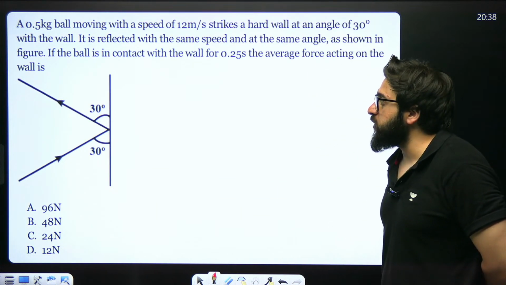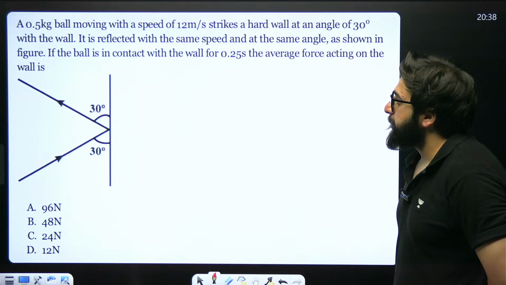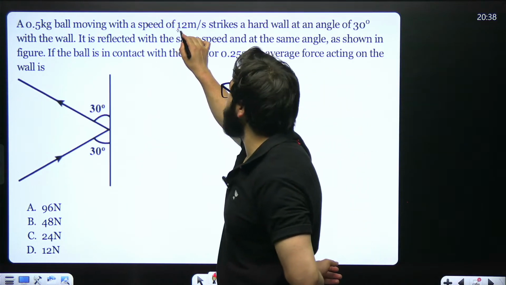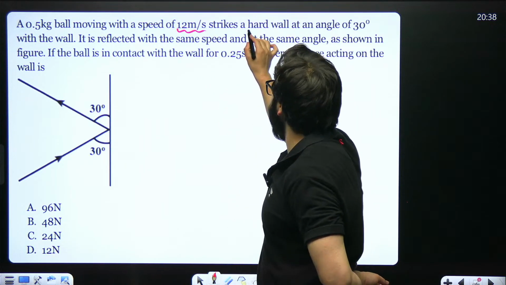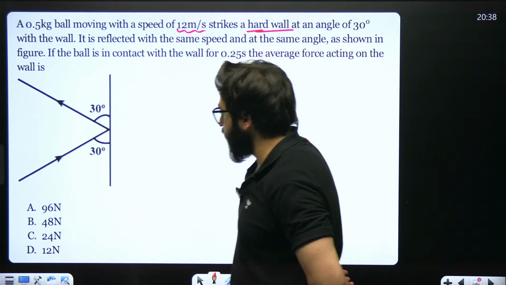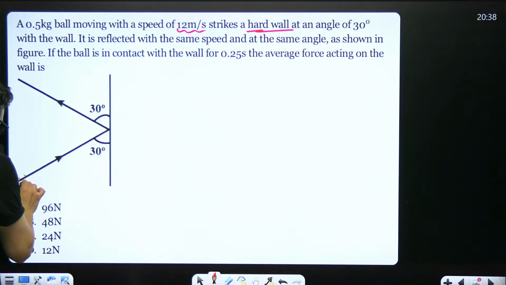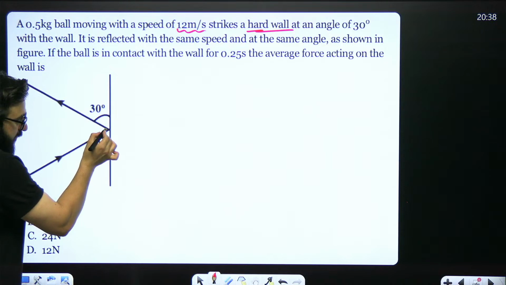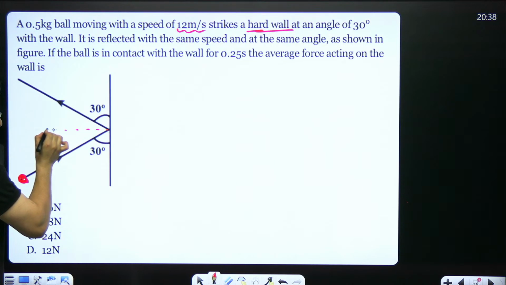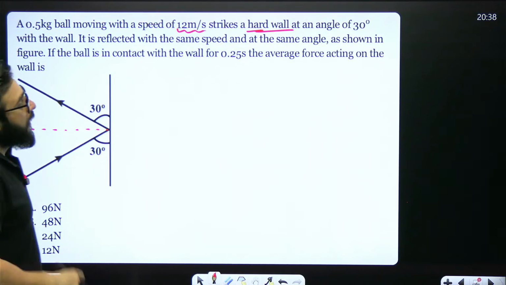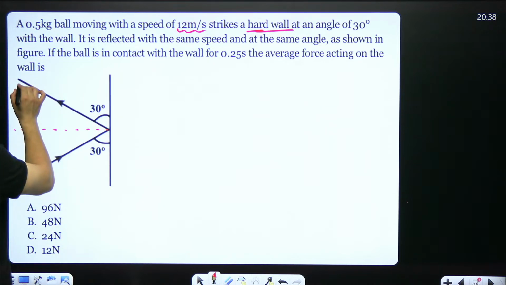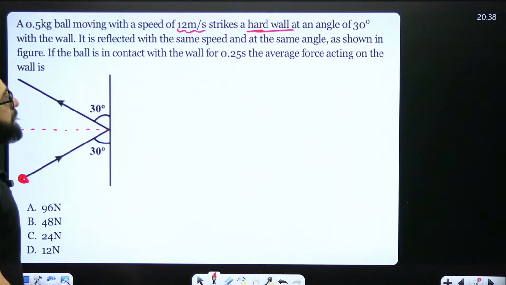A 0.5 kg ball moving with a speed of 12 meter per second strikes a hard wall. There is a ball basically. It goes and strikes the wall, and this angle over here is 30 degrees with the wall. It is reflected with the same speed, as shown in the figure.